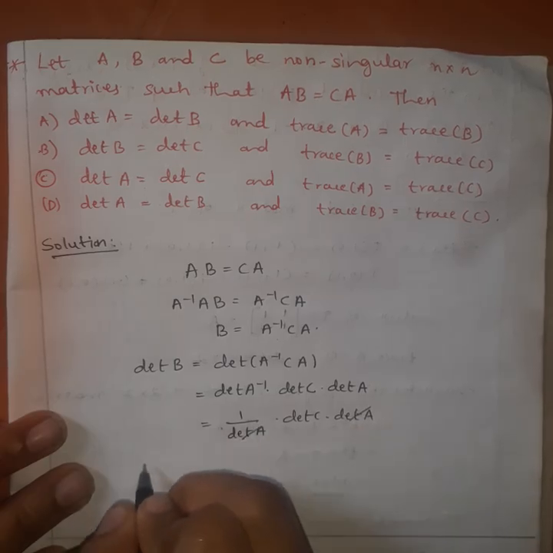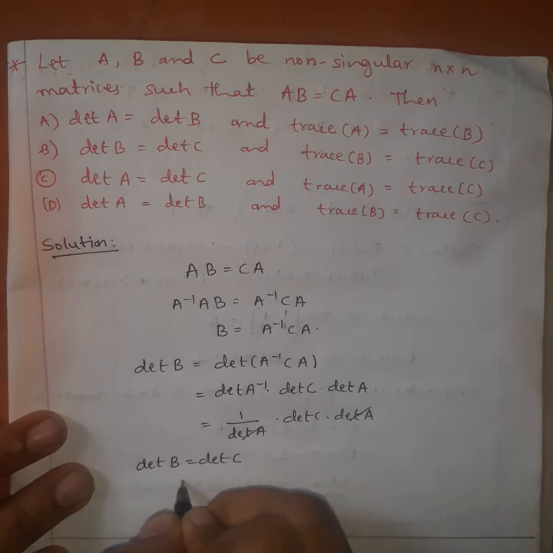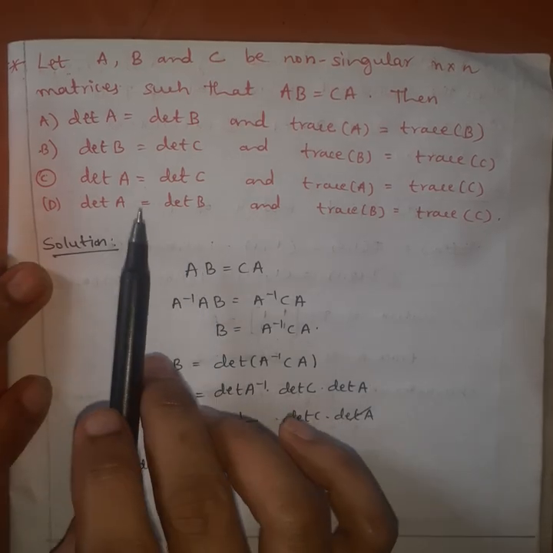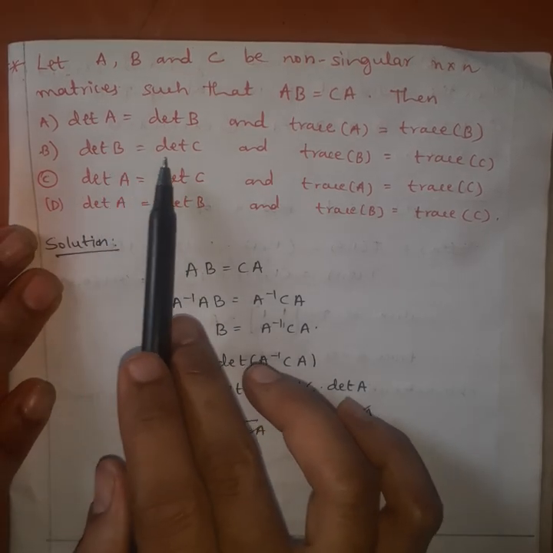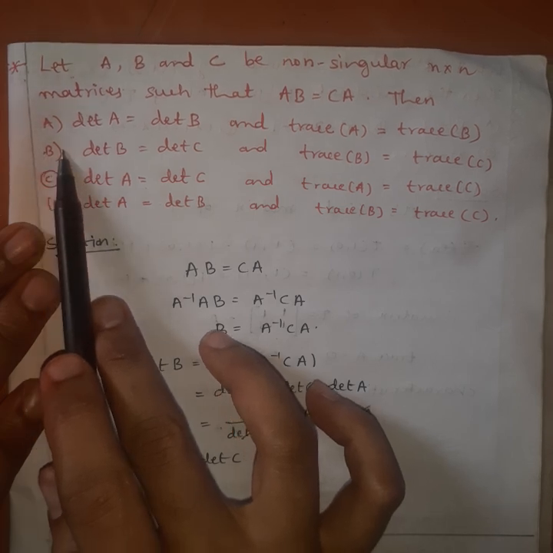So we have determinant of B is equal to determinant of C. So out of the 4 options, determinant of B equal to determinant of C is option B. So option B is correct.